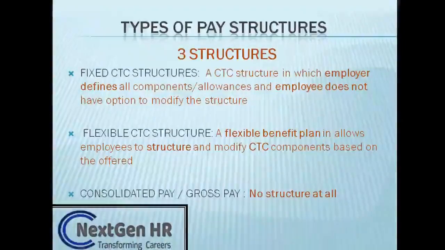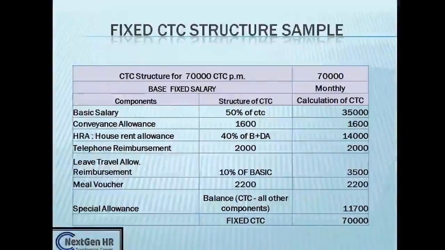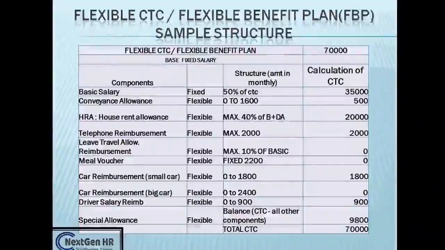You can see a sample structure here of flexible benefit plan, wherein as you can see only the basic salary is fixed by the employer, which is 50% of CTC in this example, which this basic can range from 35% to 50 or 55% of the CTC depending on the employer.